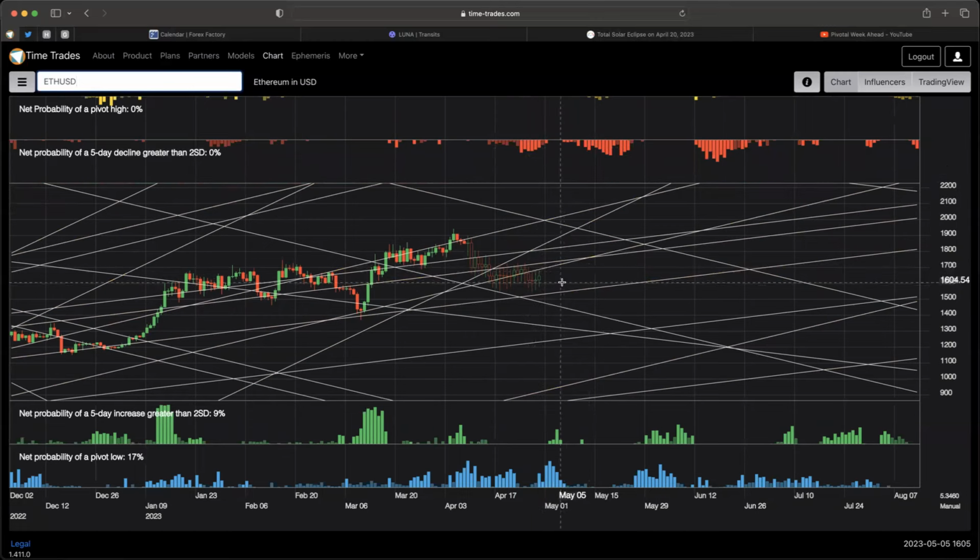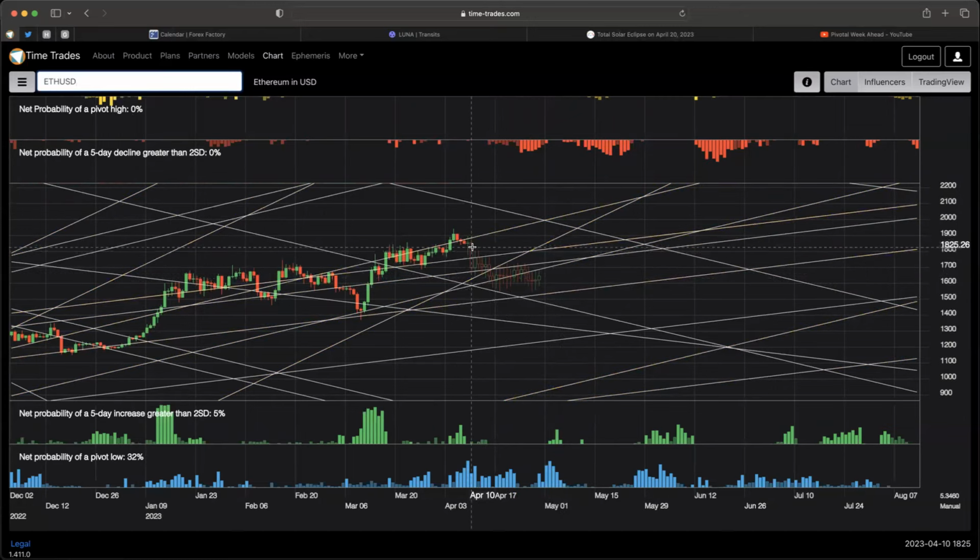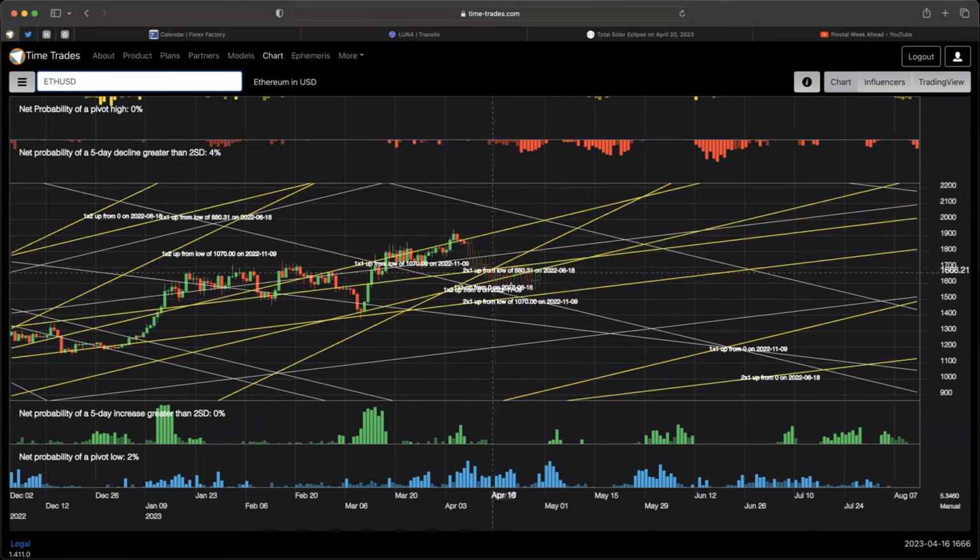So this appears to be in line with the Bitcoin forecast of a small pullback. I mentioned 25K in Bitcoin. And if we follow the mass pressure index, then it looks like we might pull back into this cluster of GANFANs here around the 1600 mark, and then tread water going sideways.